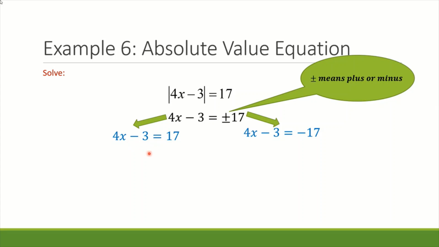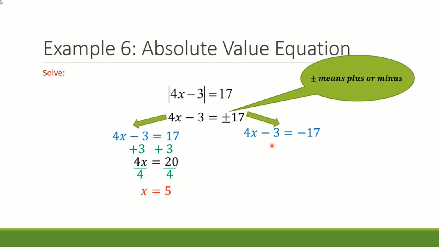We're going to do the opposite. So that gives me 4x equals 20. So I'm adding 3 to both sides. The 3's cancel out. 17 plus 3 is 20. Now I want to get rid of that 4. 4 times x. So I divide both sides by 4 and I get x equals 5.